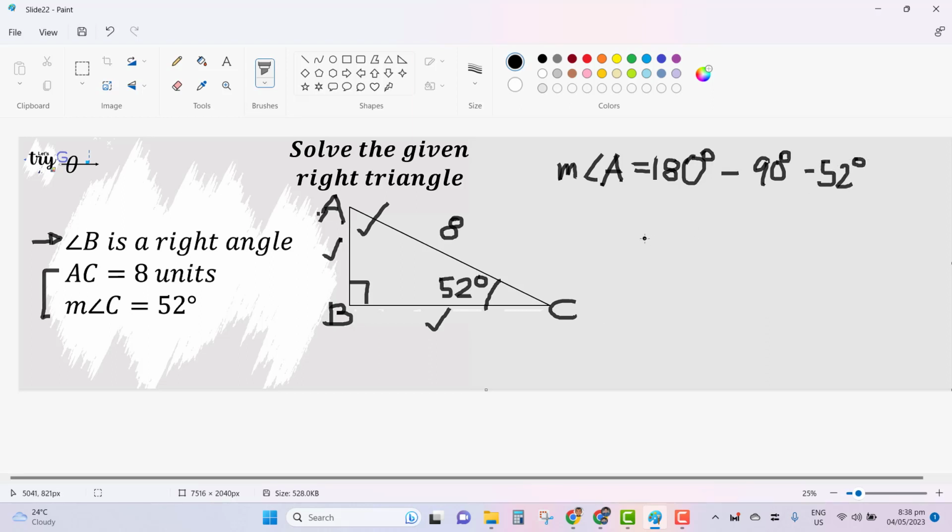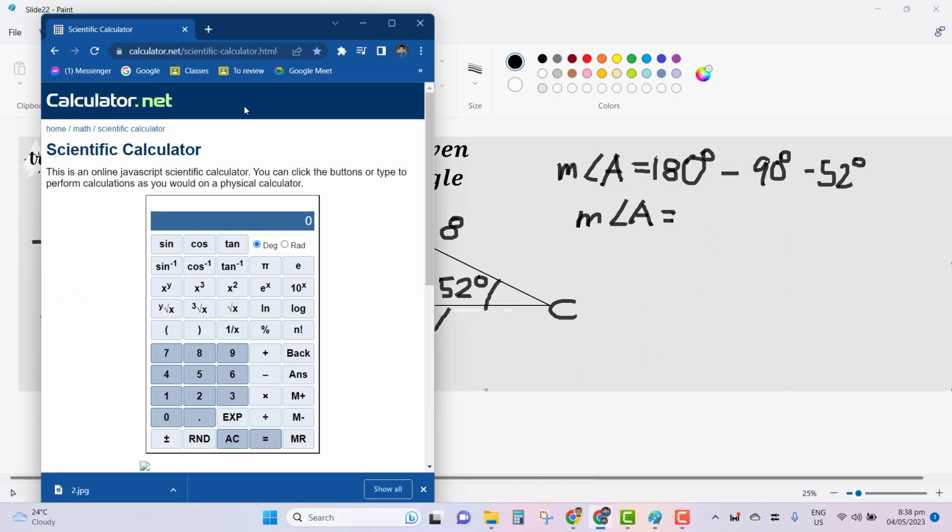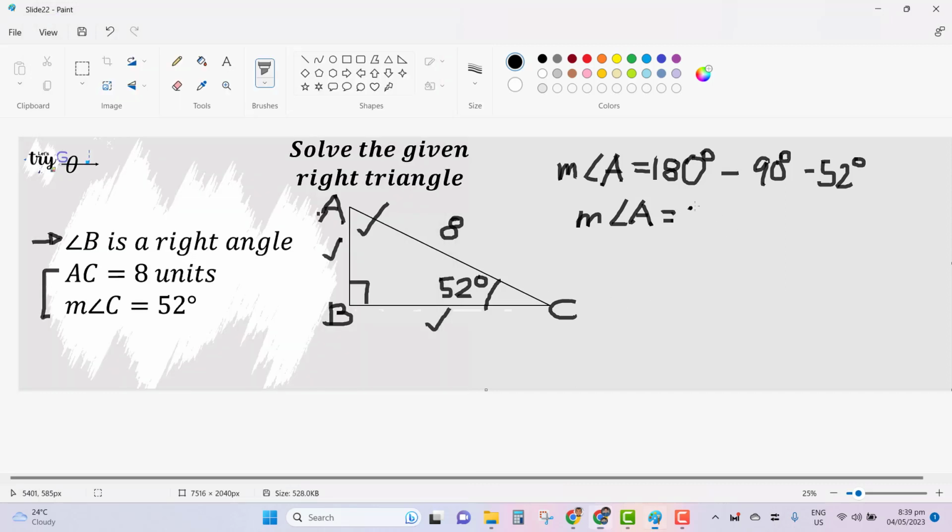And since the two angle measurements are exact, our answer here is also equal, not approximately equal, because it should be exact. Now let's use this calculator. 180 less 90 less 52, you will get exactly 38 degrees. Now we are done with solving for the measurement of angle A.